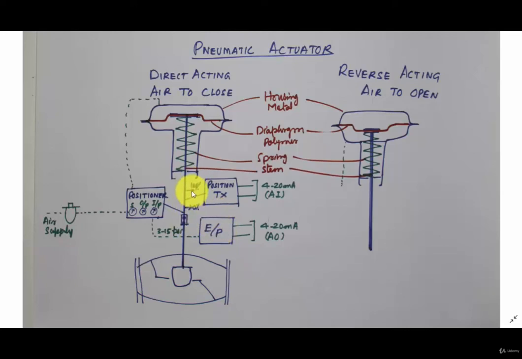That position is given by the position transmitter, a 0 to 100% position transmitter. It gives a 4 to 20 milliamps analog input to the controller, to the system, where it will be shown as the actual valve position. So this is also a very important instrument. It is connected to the stem to get the actual feedback of the valve, 0 to 100%.